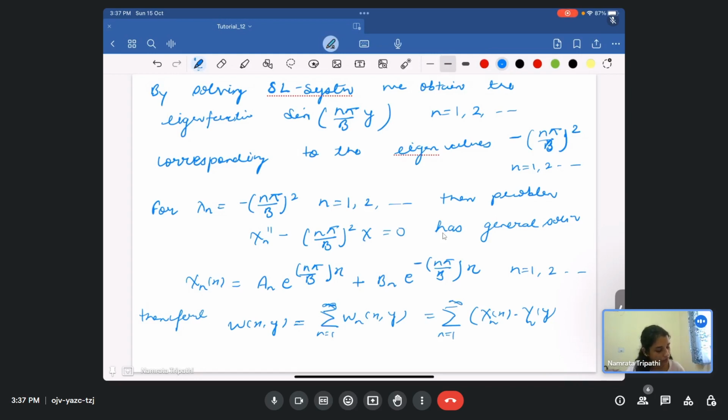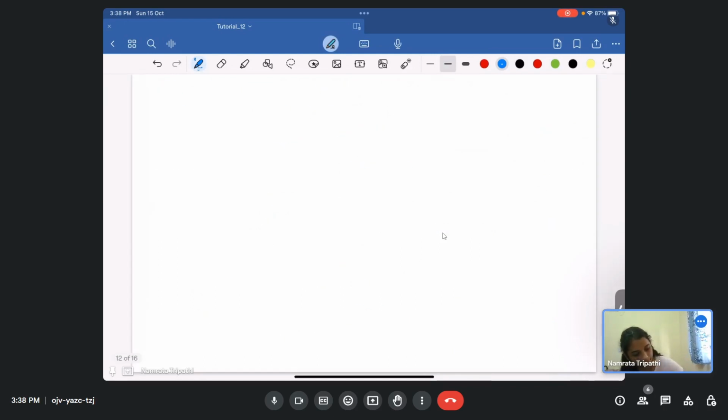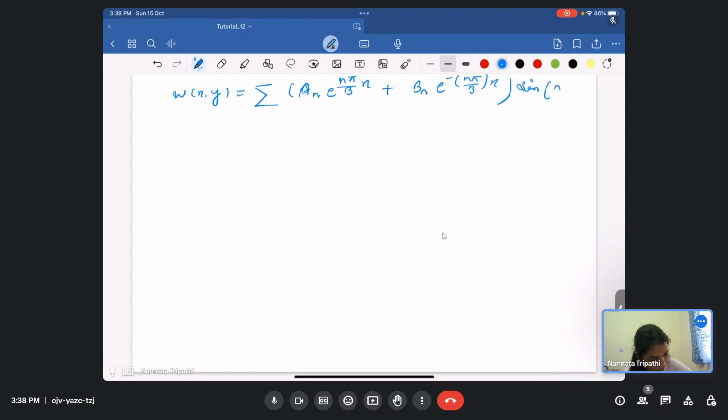So just substitute the solution of xn in yn. Now what we have to do, we have to find the value of an and bn with the help of rest of the boundary condition.